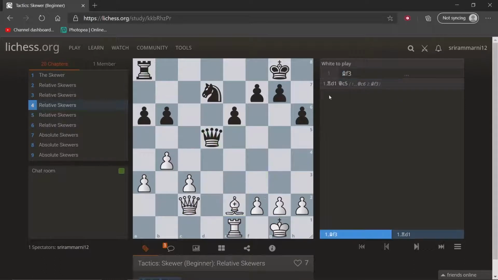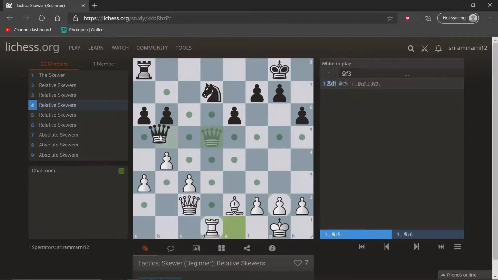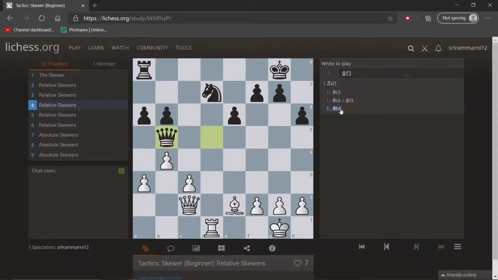So here is another one. And I'll give you guys a moment to pause. Okay, so let's go over the answer here. There are multiple answers. One that people seem to choose very often is rook to d1, which is an okay skewer, but it doesn't guarantee that you win any material, because black could easily just play queen to b5 or queen to b7 or any number of moves.